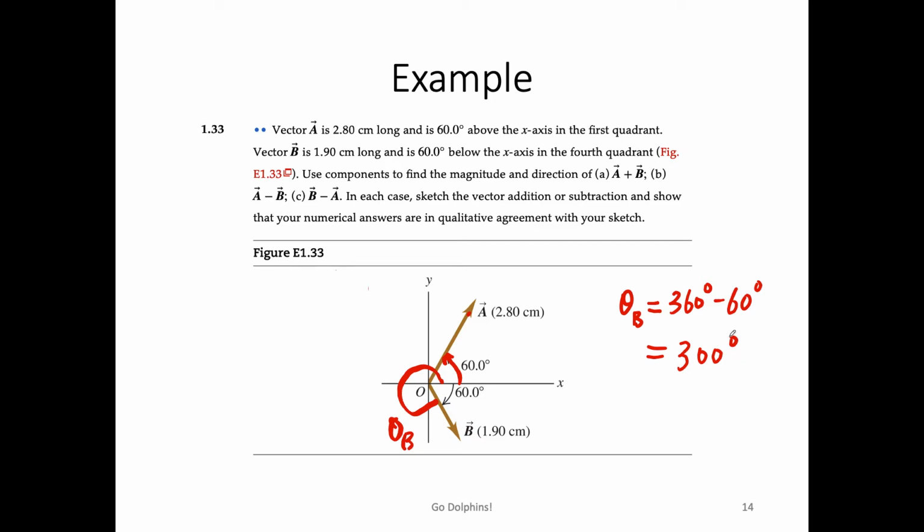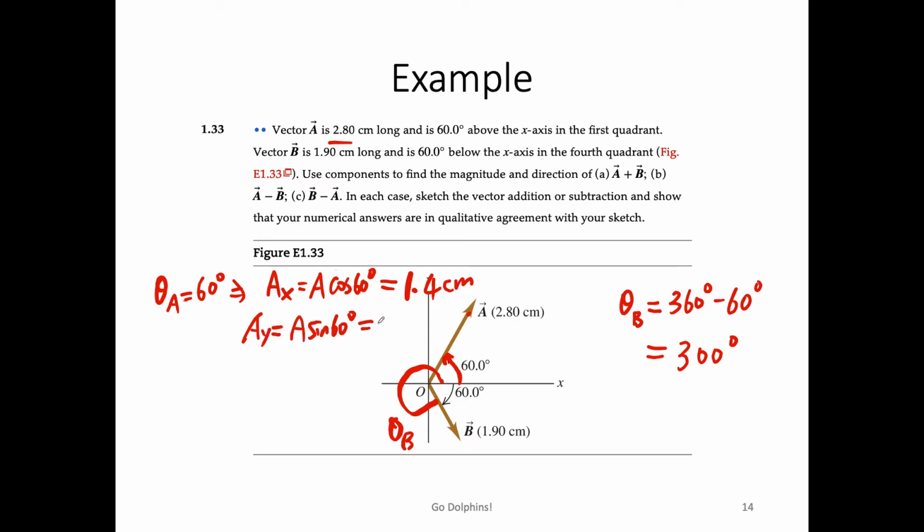Let's see. Theta A is 60 degrees, so AX is the magnitude of A cosine 60 degrees. The magnitude of A is 2.8. Plug 2.8 there. We find AX is 1.4 centimeter. AY is A sine 60 degrees, 2.425 centimeter.